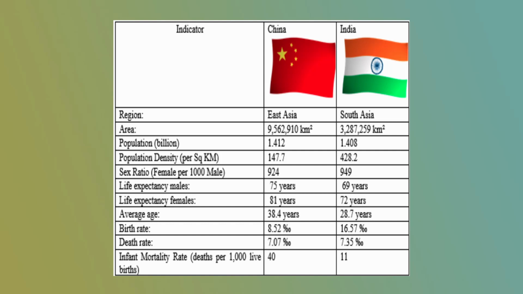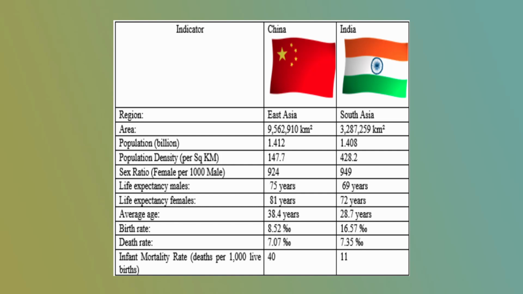But the life expectancy for both male and female is higher in China compared to India. For males, in China it is 75 years, whereas in India it is 69 years. For females, the life expectancy in China is 81 years, and for India it is 72 years.